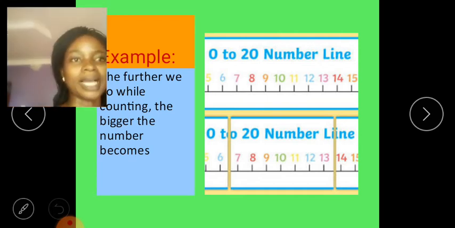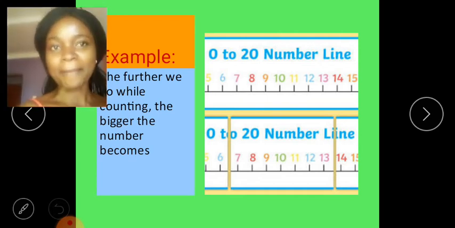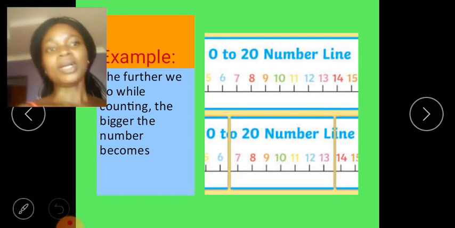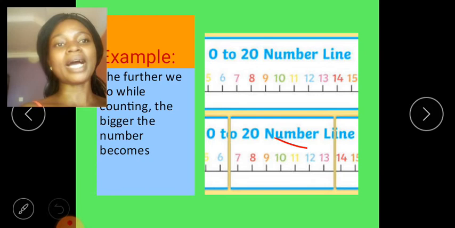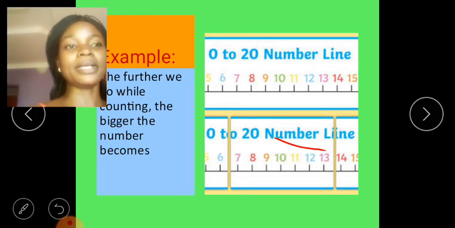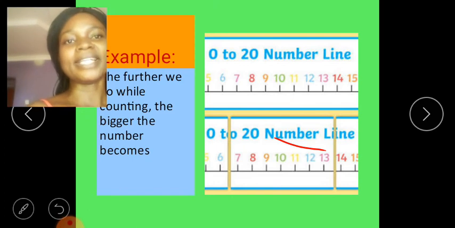Look at this number line and let's see how our number improves. From the number line, I have my number 0 to 20. Now let's count 1, 2, 3, 4, 5, 6, 7, 8.